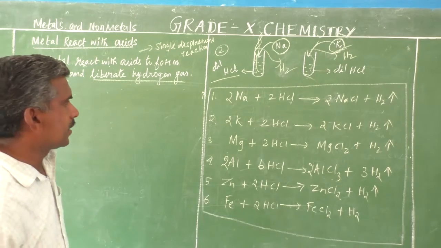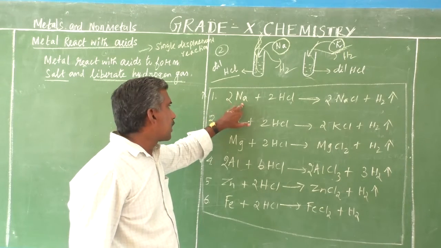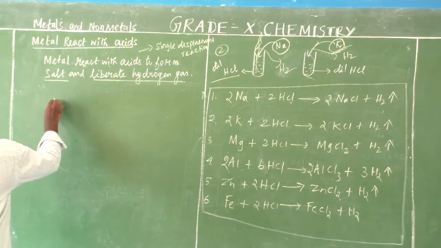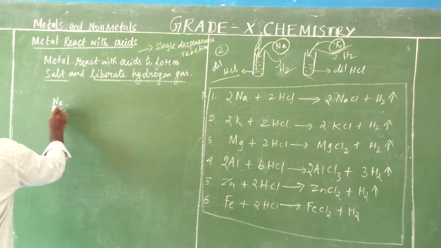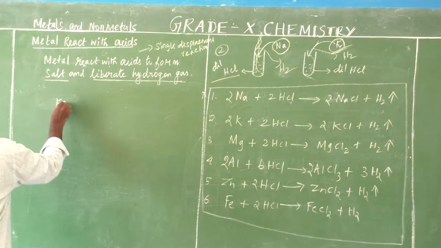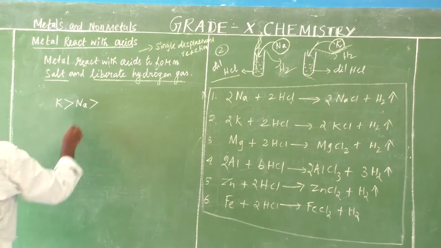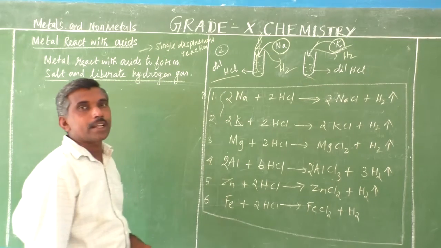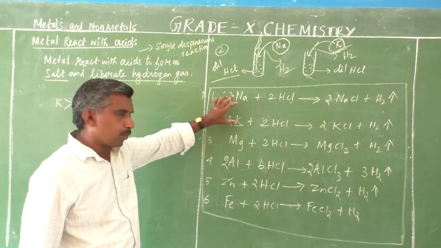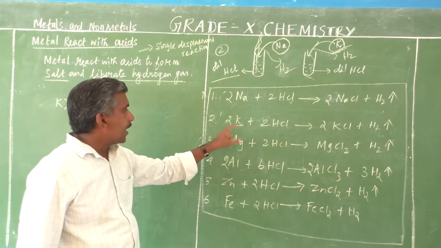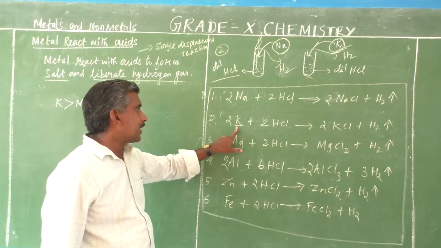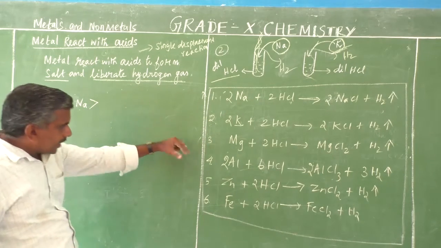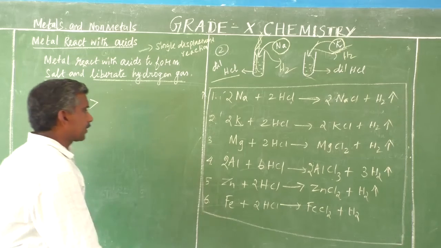The very fast one is sodium or potassium, because it is a highly reactive metal and a violent reaction takes place. Potassium is the most reactive, then sodium, then next magnesium.